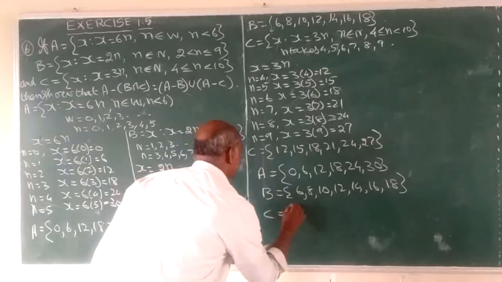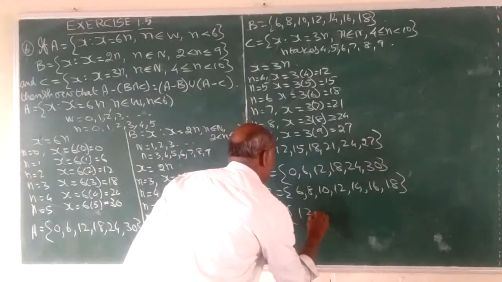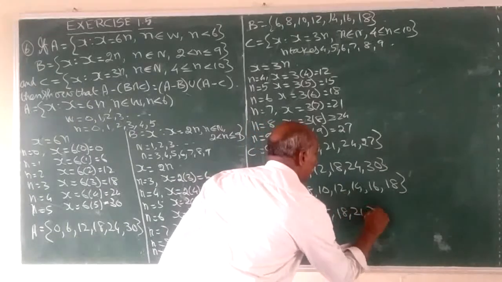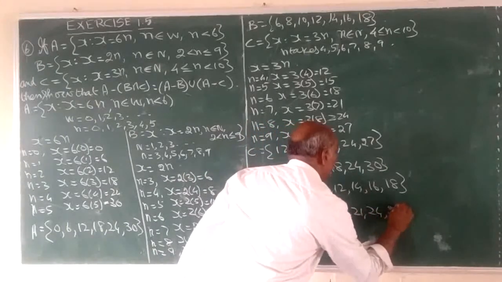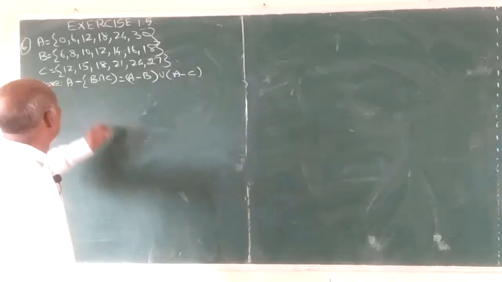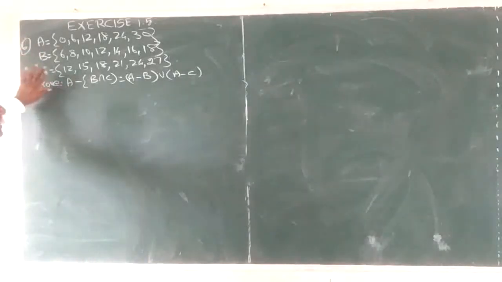C is the set 12, 15, 18, 21, 24, 27. You have found out the A set, B set and C set.